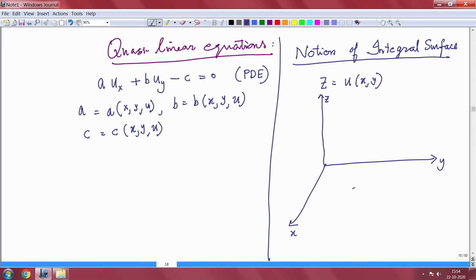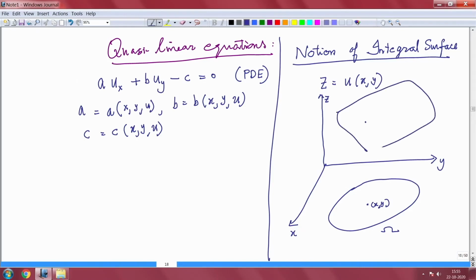So, your domain is in the xy variables. For every (x, y) you associate a u(x, y) here, and then this plane domain omega will become a surface. So, this is my z equal to u(x, y).